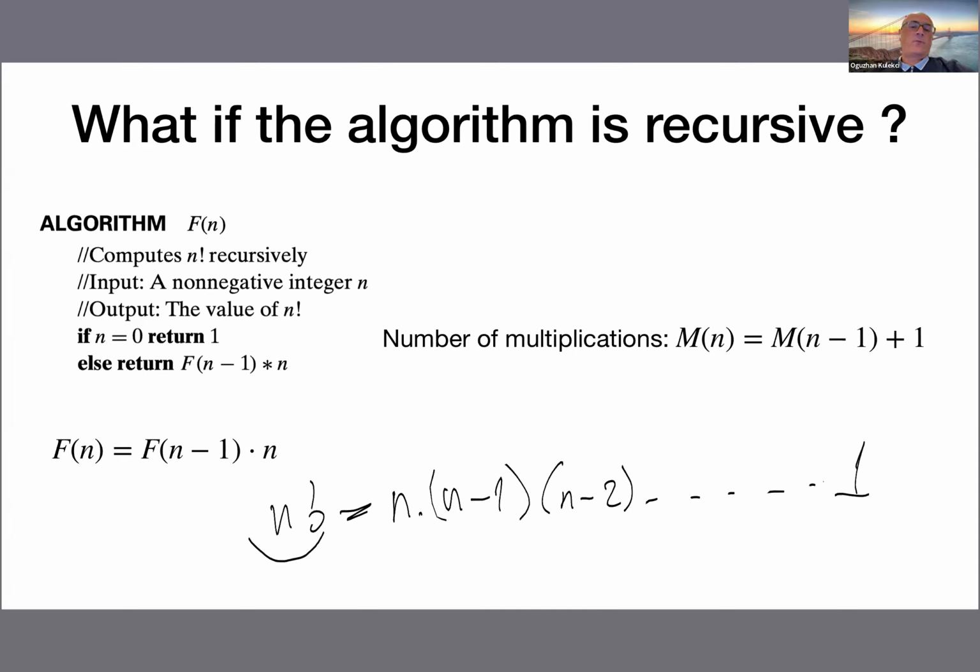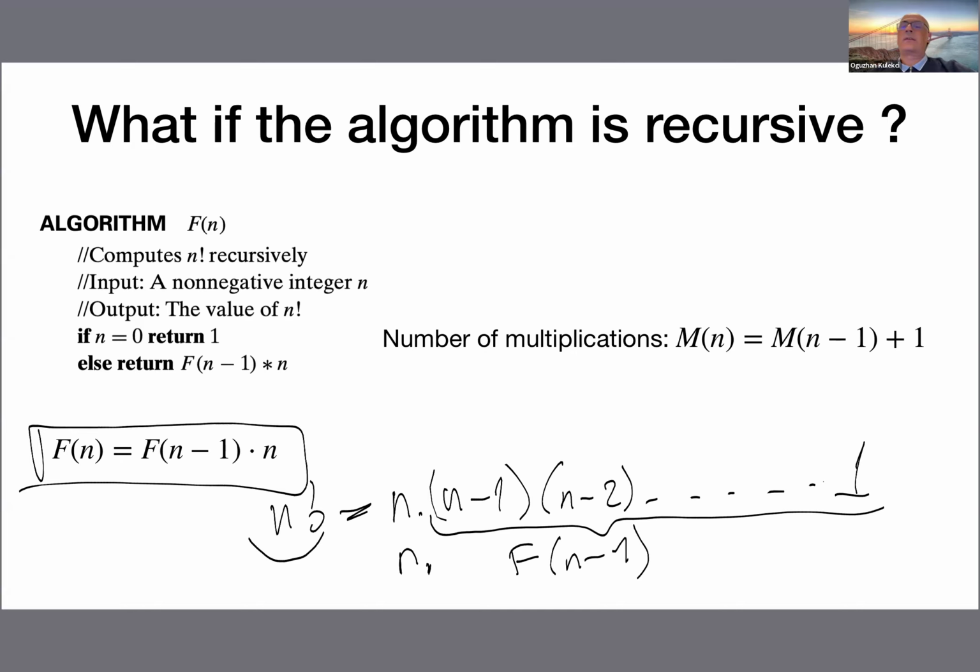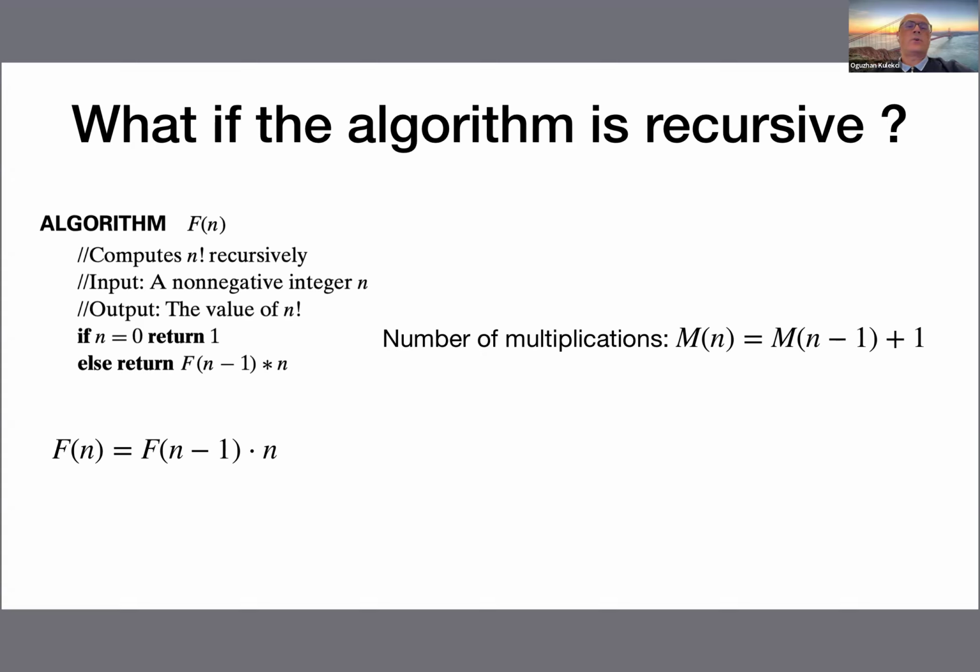And n factorial is equal to n times, what is this? This is n minus 1 factorial, right? So you can use this fact. That is why with this pseudocode, we are using that fact.